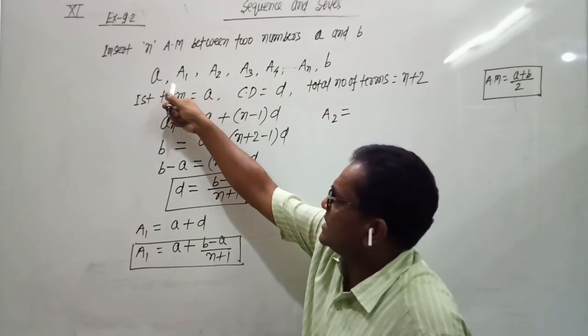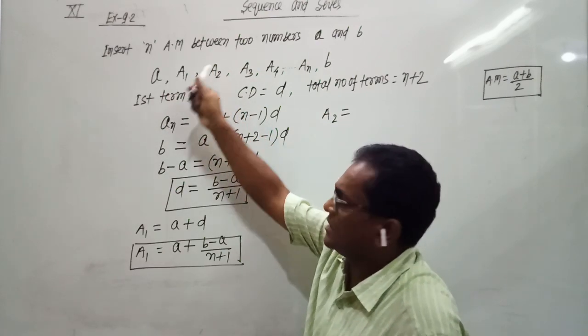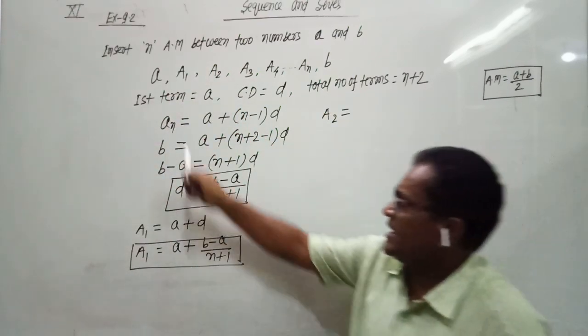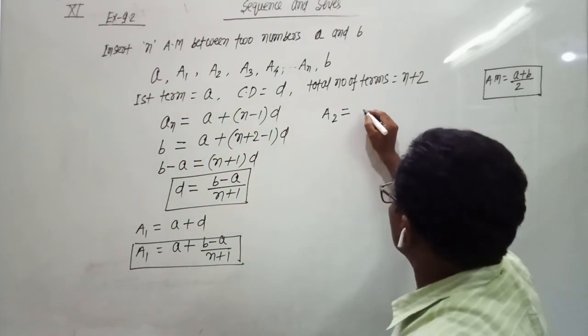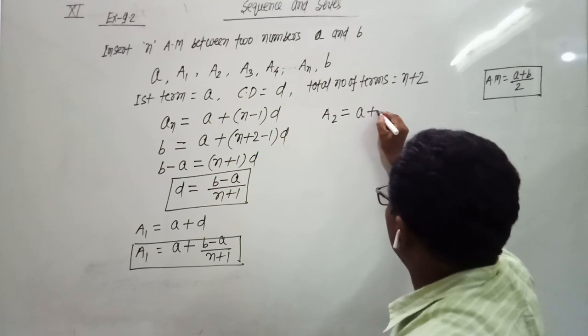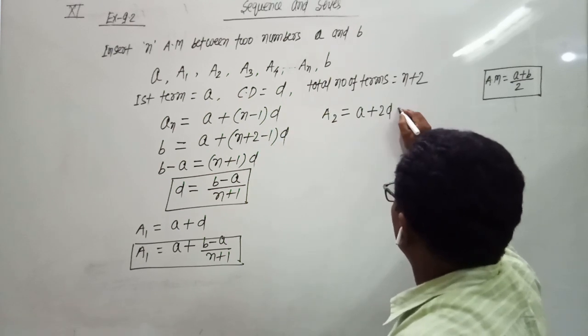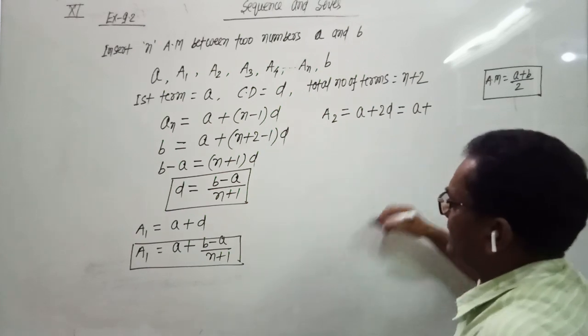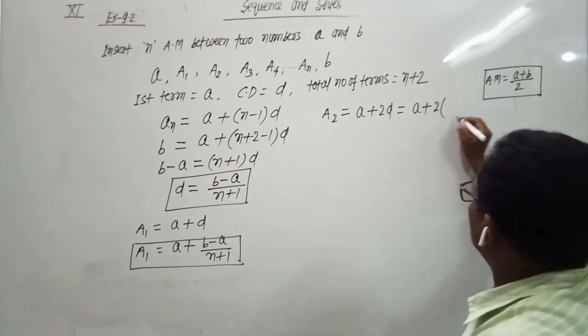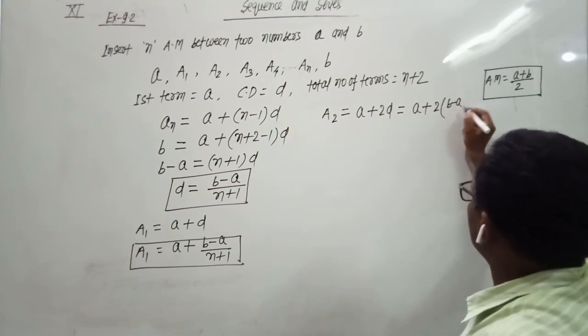Similarly, for finding the second arithmetic mean, A2, this is the third place, and the third term is A plus 2D. So A2 is written as A plus 2D. A as it is, and the value of D is taken as (B minus A) upon (n plus 1).